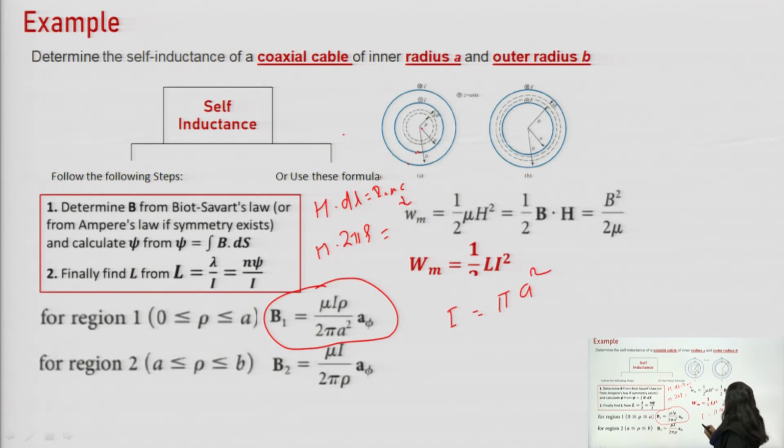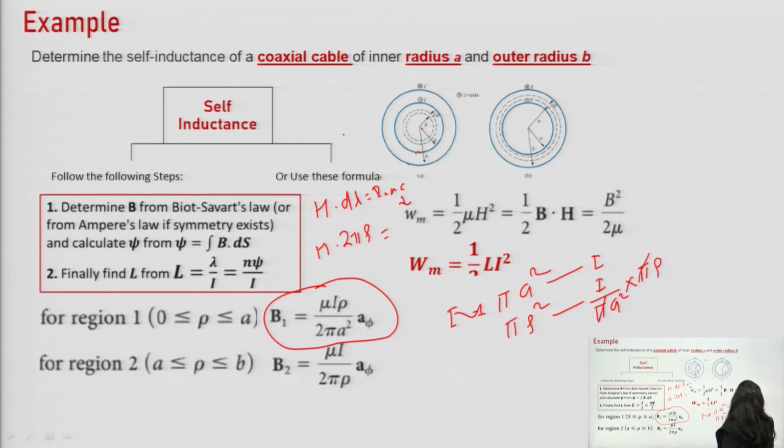So pi a square area has current I, and a pi rho square area will have I by pi a square multiplied by pi rho square.